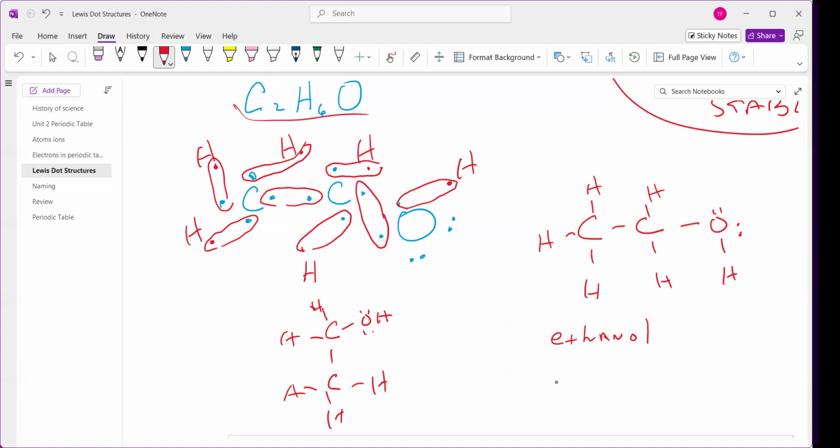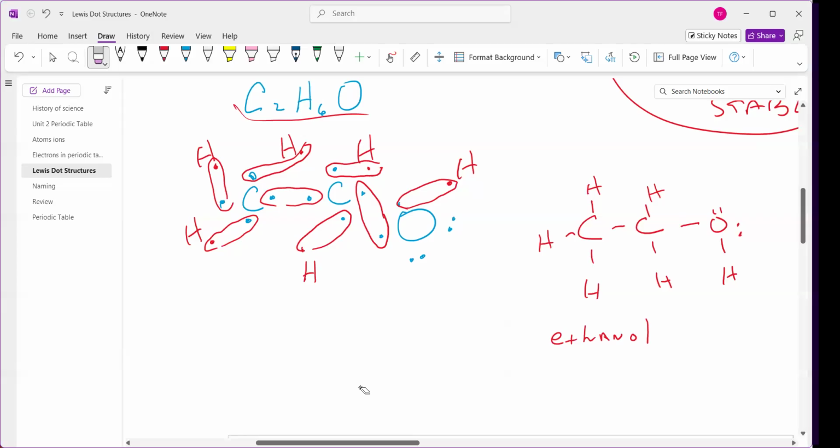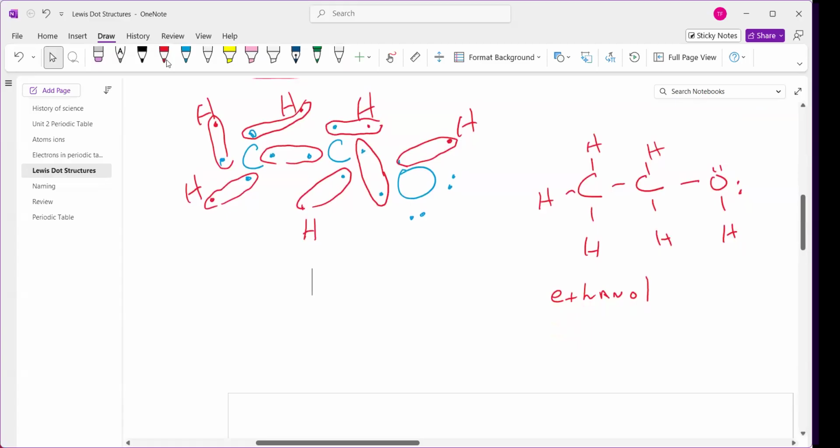Okay, so let's now draw another structure that is different than this one over here. Instead of putting the carbons in the middle, we're gonna throw an oxygen in the middle. Since oxygen has those paired electrons, do you have to draw that on the ends?